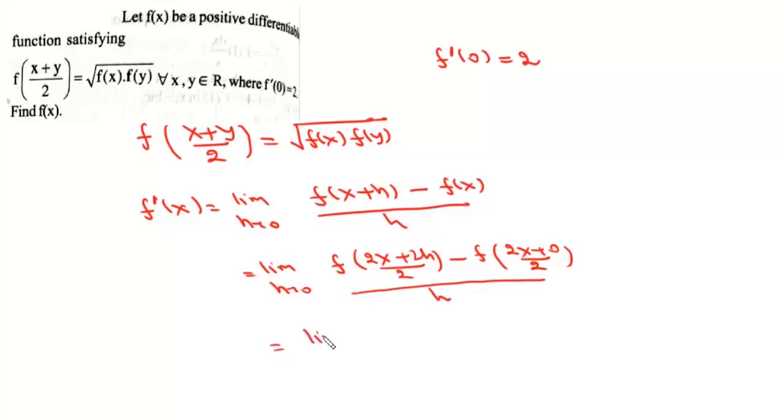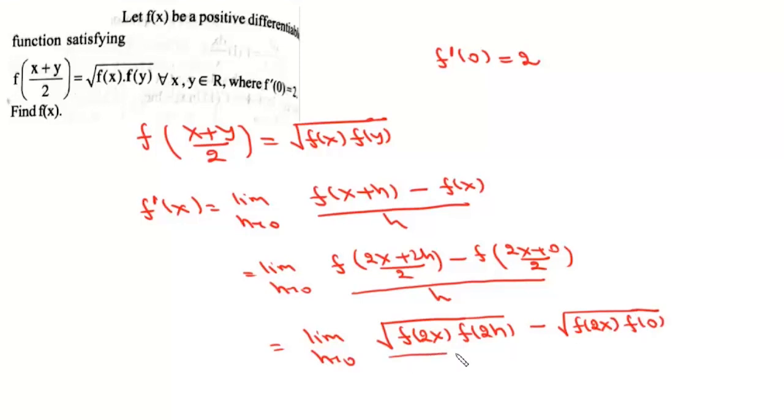Now it will be the limit h tends to 0 of under root of f 2x into f 2h minus under root of f 2x into f 0, whole divided by h. Now we can take under root f 2x common.